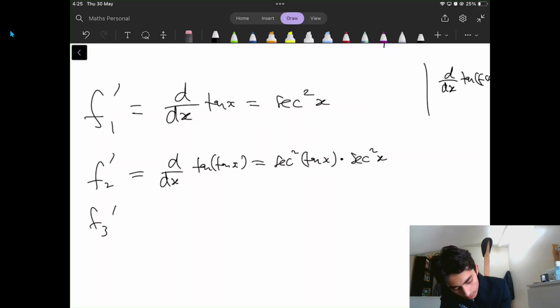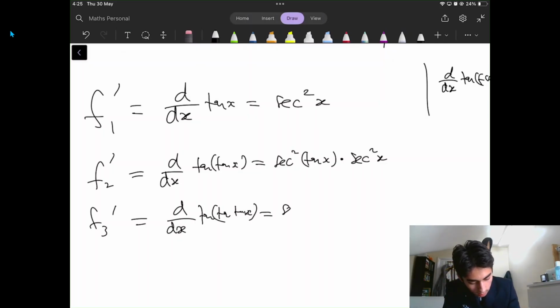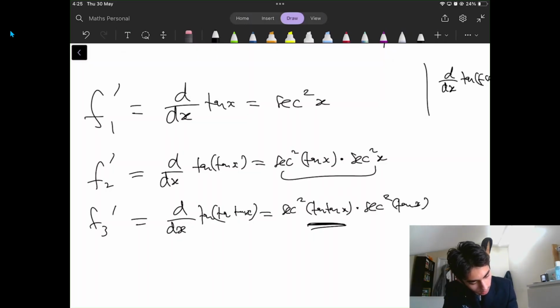If you do the same thing for the third, tan of x, you get what? Secant squared of tan of x multiplied by the derivative of tan of x, which we already know to be secant squared of tan times secant squared of x, right?